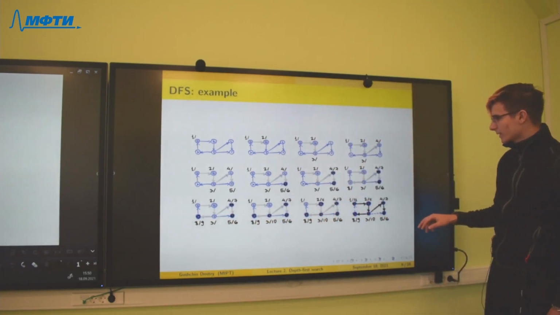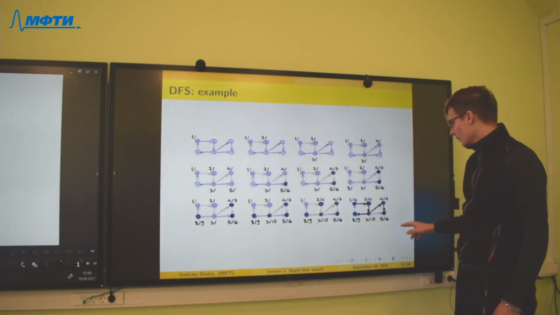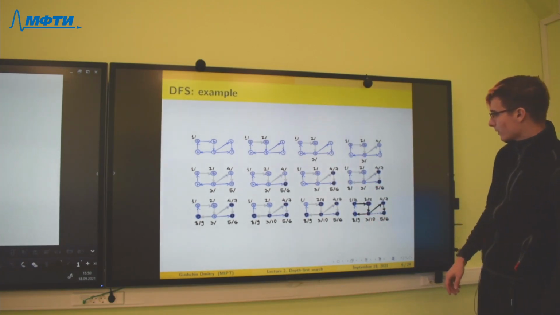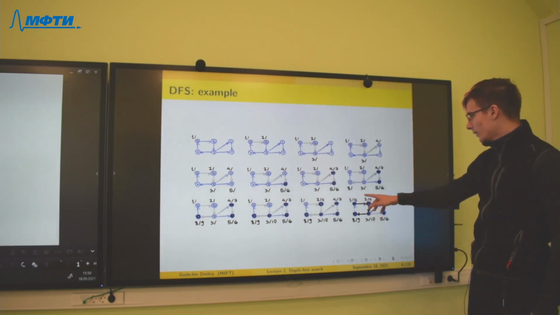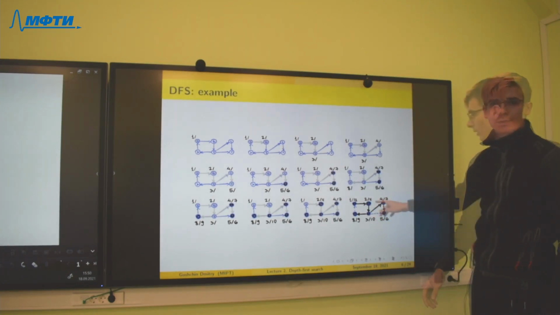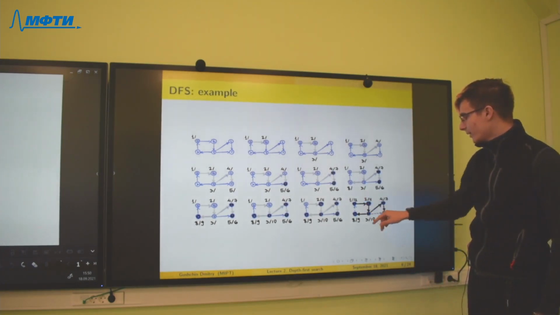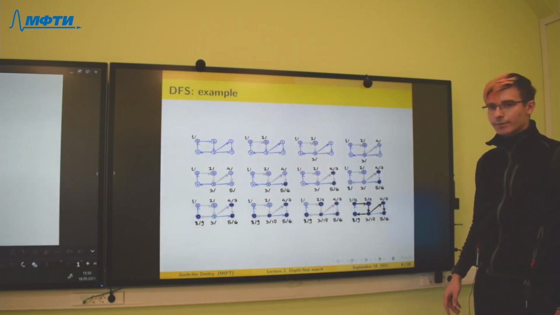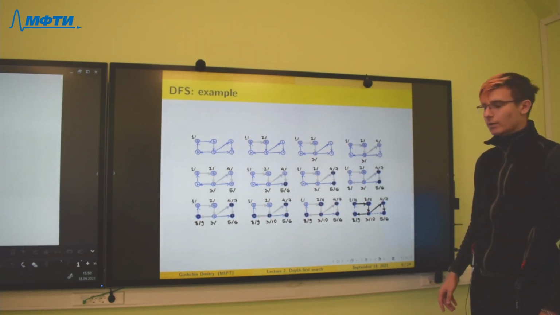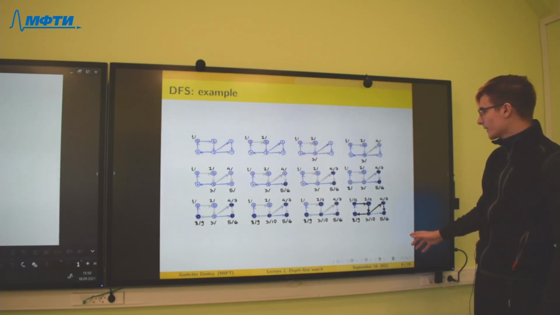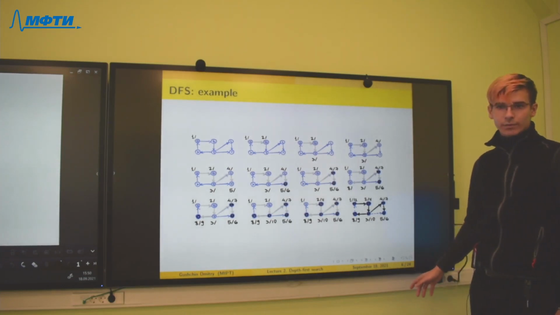And we see there are no other unexplored vertices, so we say that the graph has only one connected component.